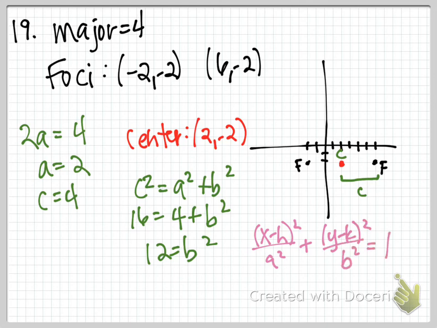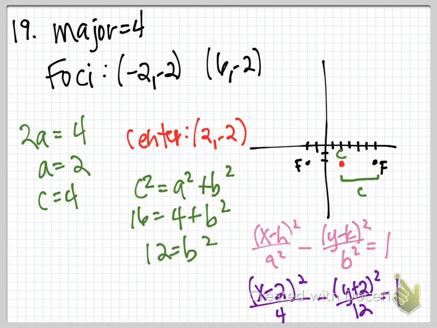And so now I write my formula. So I have the equation x minus 2 squared over a squared, so 4. And I have written a plus there, and it should have been a minus, so sorry about that. Okay. And then minus y plus 2 squared over b squared, which is 12, equals 1.